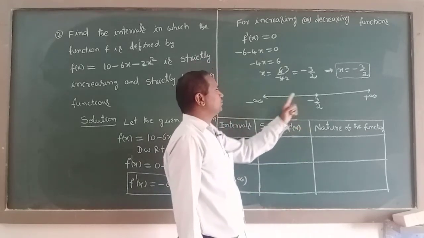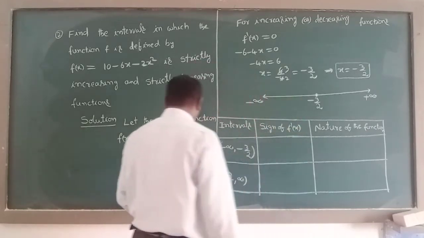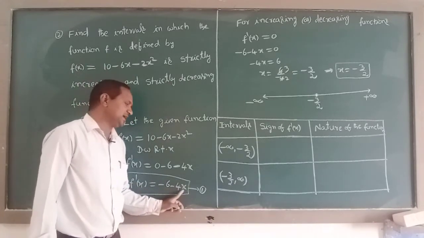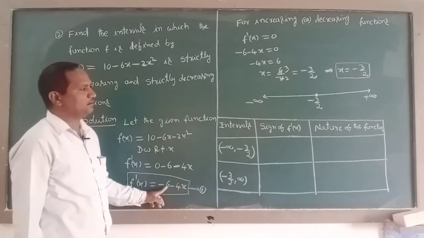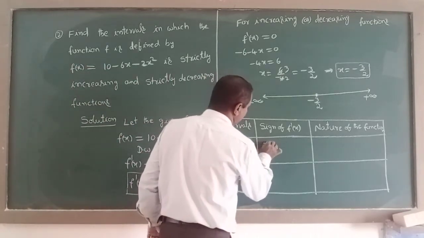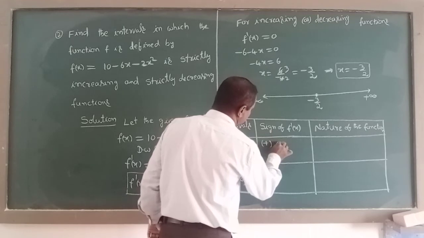Just select minus 2 here. Substitute minus 2: minus 4 into minus 2 plus 8, that is 8 minus 6 plus 2. Plus 2 means greater than 0. That is, the plus symbol will come here. It is positive here.